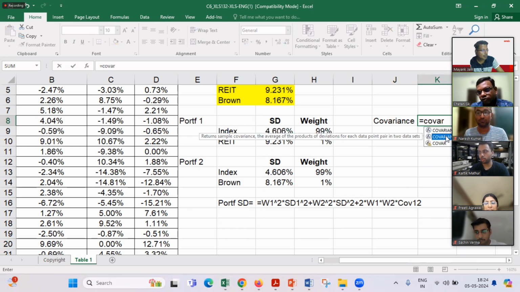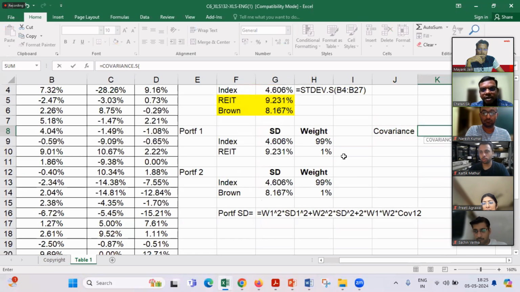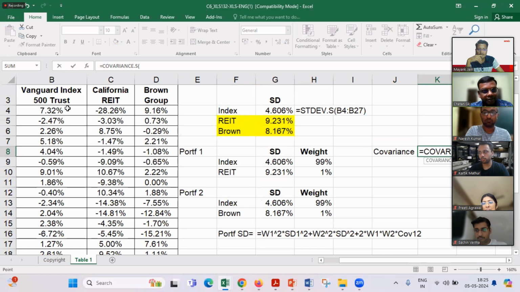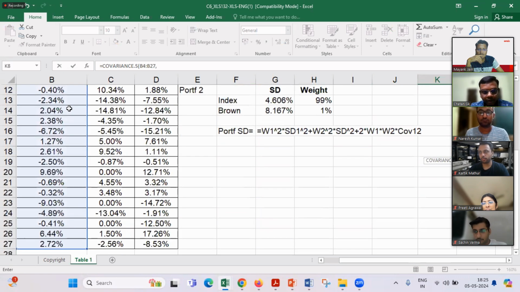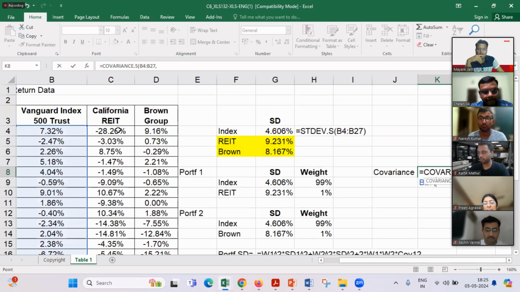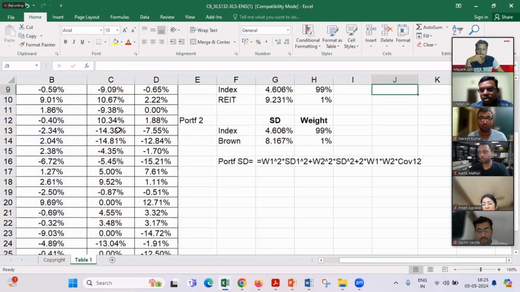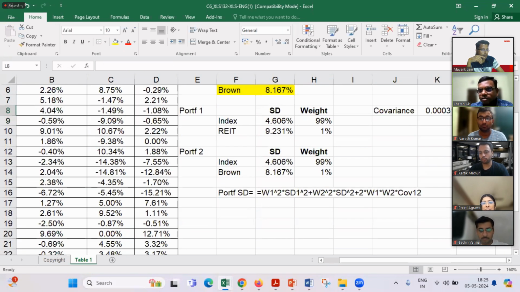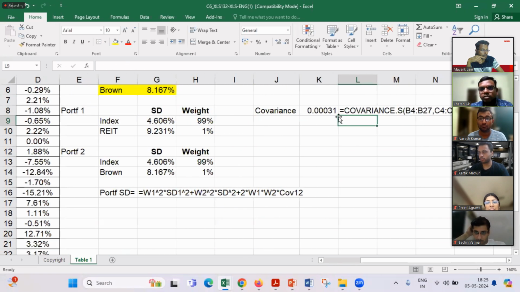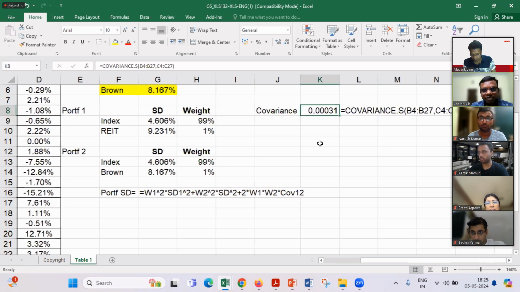So click on covariance. For the index and REIT we should be computing, right? So between index, comma, REIT, click enter. You got this covariance. So understood how to compute the covariance.